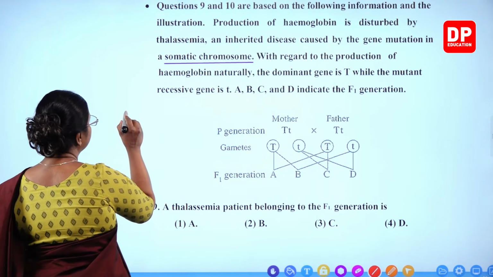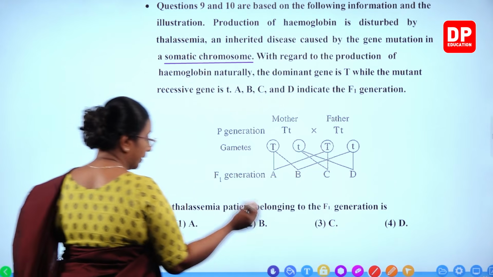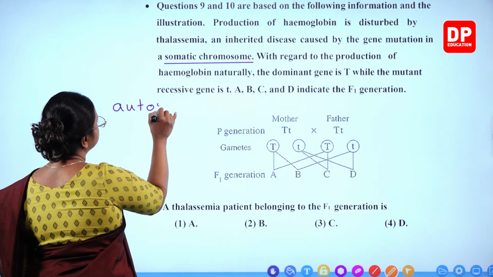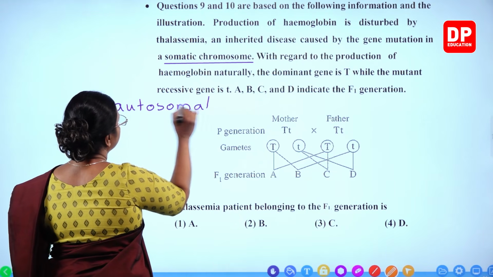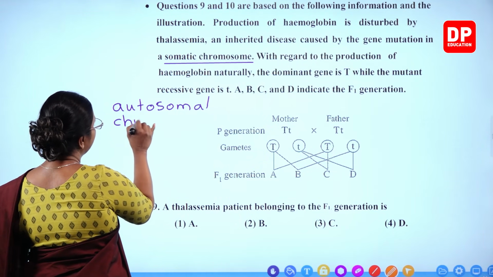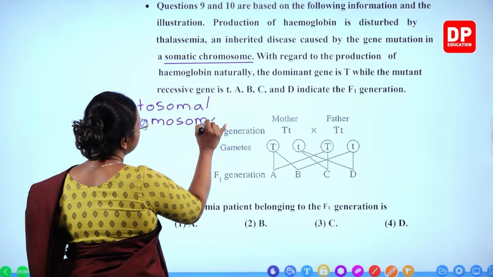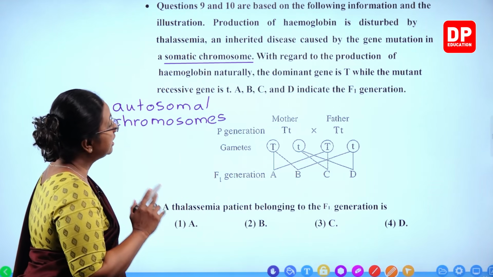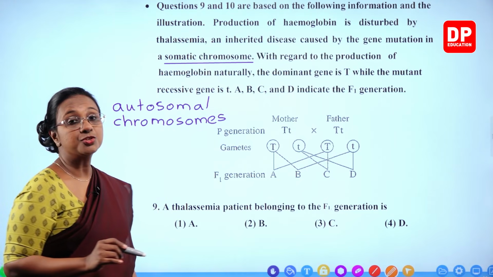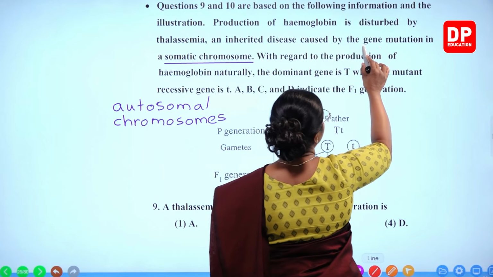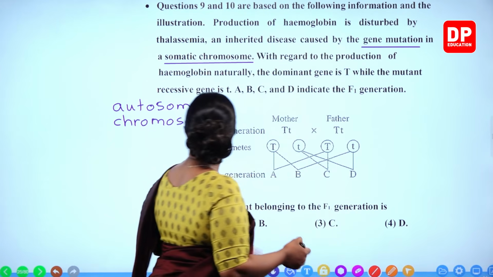So you're familiar with that as well. Autosomal chromosomes, the first 22. So here gene mutation in somatic chromosome, or what we call the autosomal chromosome.